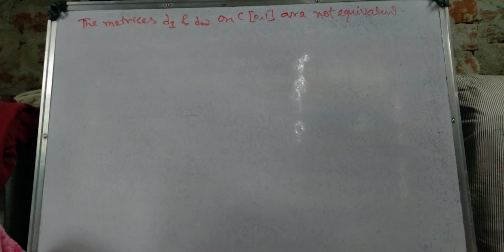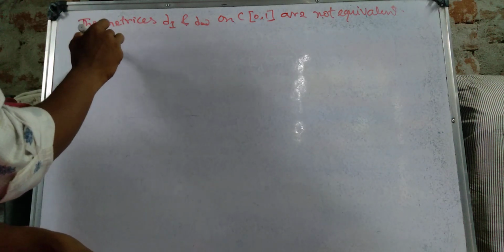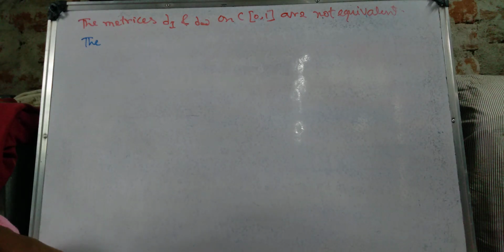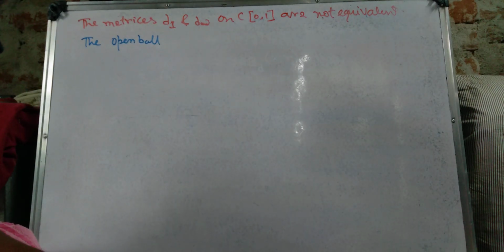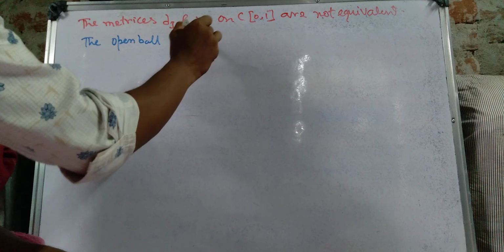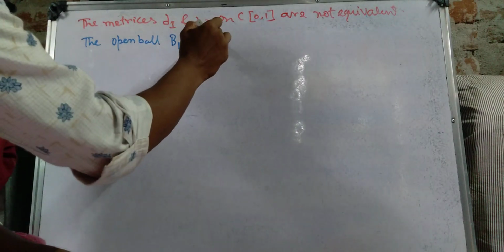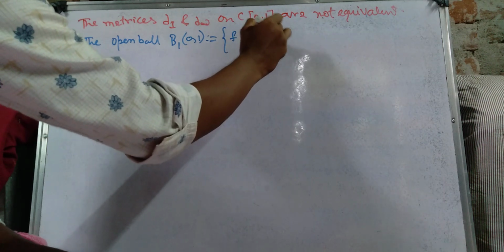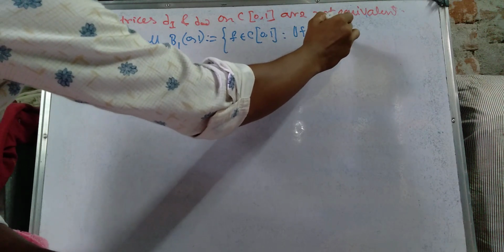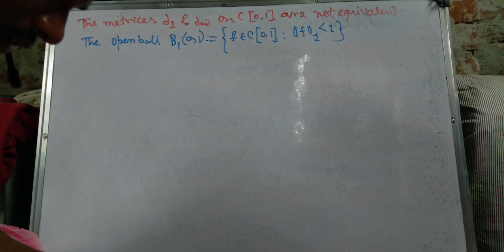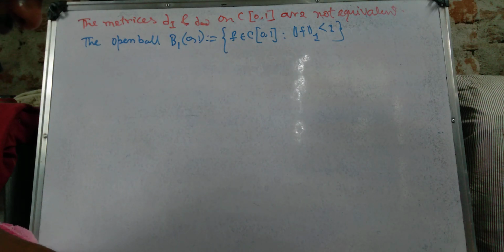We know about d1 and d infinity. The open ball B1(0,1) is equal to those f contained in C[0,1] such that the norm of f is less than 1, in C[0,1] with norm 1.